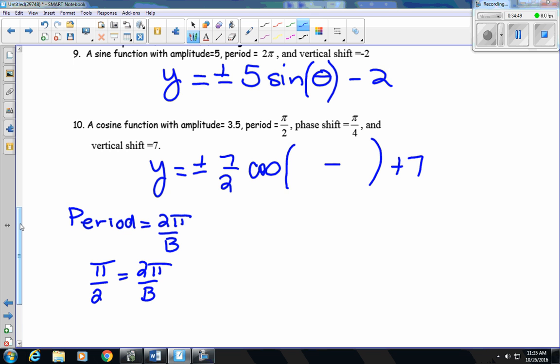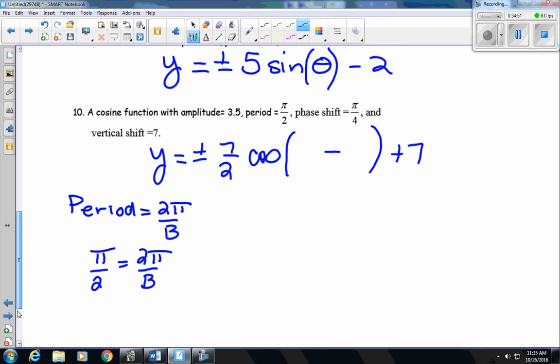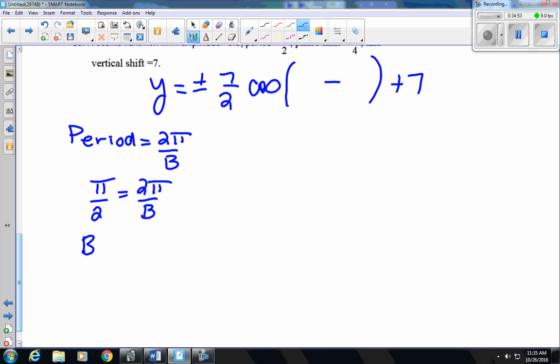Now what? Cross multiply. So b pi equals 4 pi. Divide by pi. I'm solving for b, correct? I can get rid of the pi's because I have one on either side, and so b equals 4. So I go back up and make this 4 theta. Say 4x. You can use whatever notation you want.